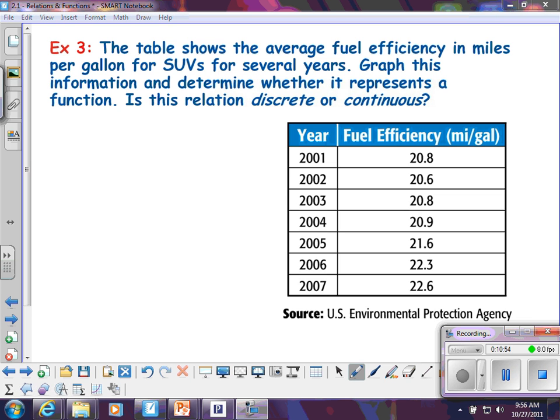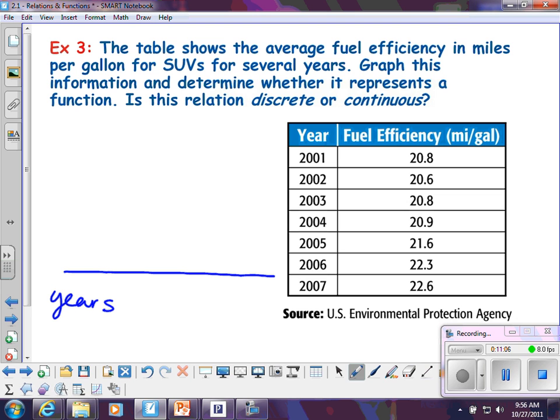Okay, which ones are my X's? The years. So that's what's going to go here, right? Years. So I have 01, 02, 03, 04, 05, 06, and 07.